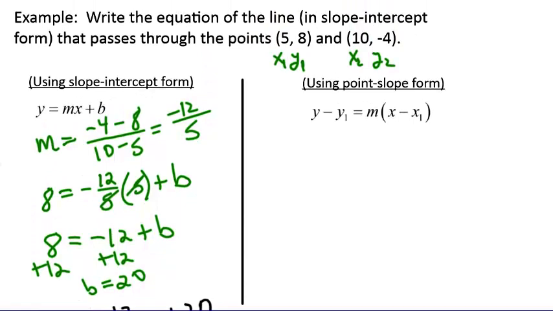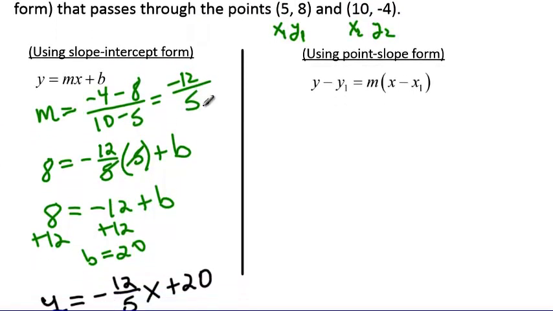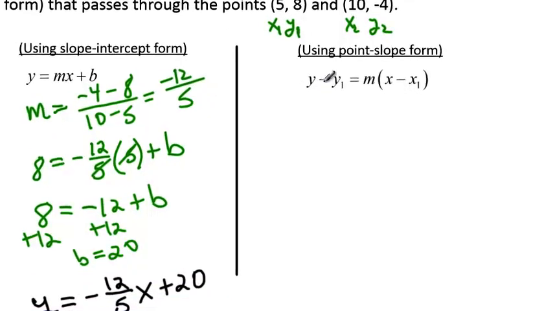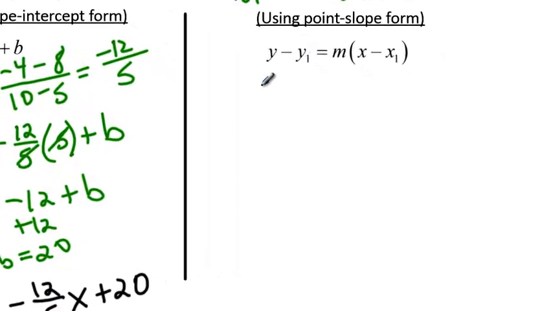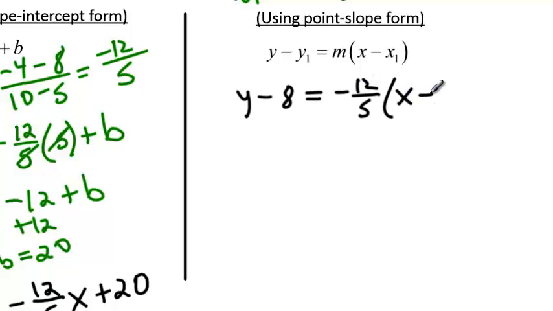Okay, now using point-slope form, I've already found the slope is -12/5, so I don't have to reinvent that wheel. And I'm going to choose the point 5, 8. Y minus y1, and if y1 is 8, then I get y minus 8 equals -12/5 times x minus 5.